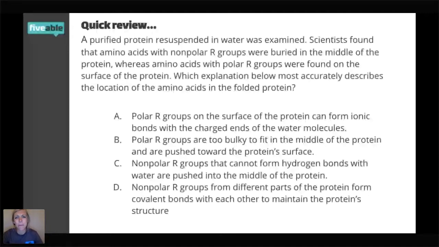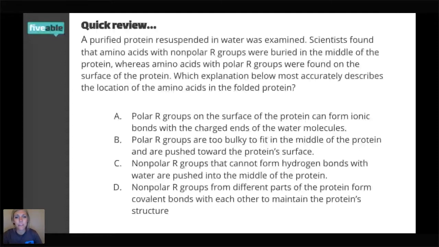Which explanation makes the most sense to actually explain why that happens? You can just type in A, B, C, or D, and then we'll go over it. Awesome.